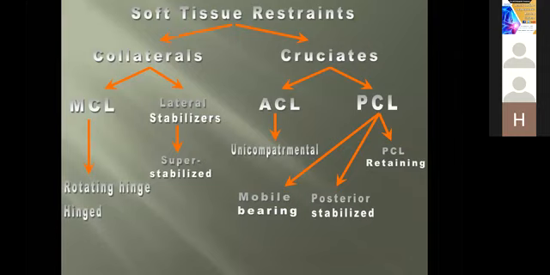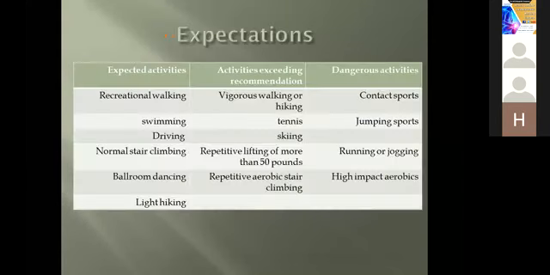You have to have a good soft tissue sleeve and balanced collaterals. Regarding expectations, you have your own expectations, and the patient has expectations. You have to tell your patient what's allowed for everyday activity, what's allowed exceptionally, and what the dangerous activities are, like contact sports, jumping sports, running, or jogging.